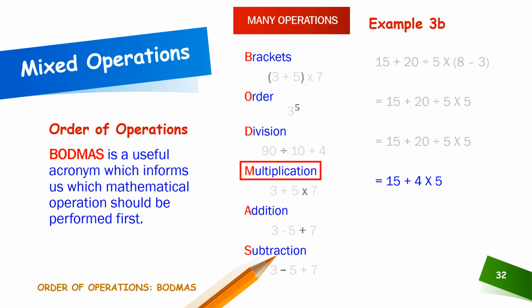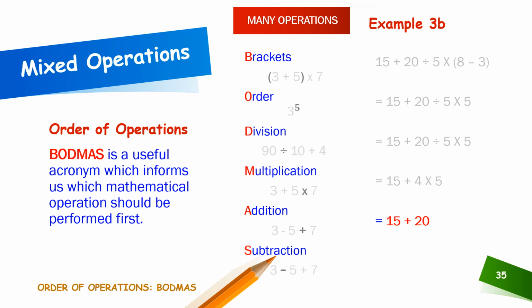Now let's see if there are any multiplications. There is a multiplication, namely 4 times 5. This equals 20. We substitute 20 in place of 4 times 5. And we move on to the next operation, namely addition.